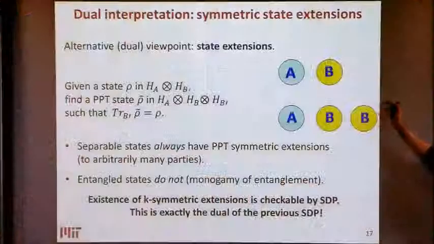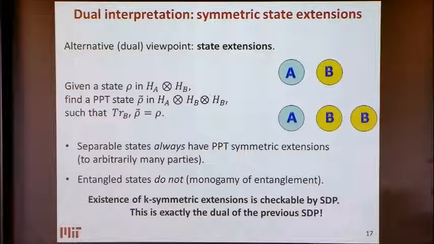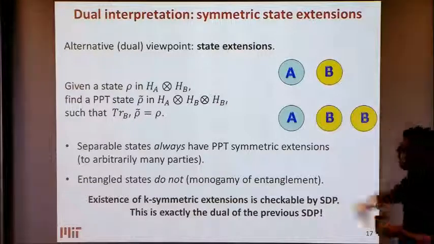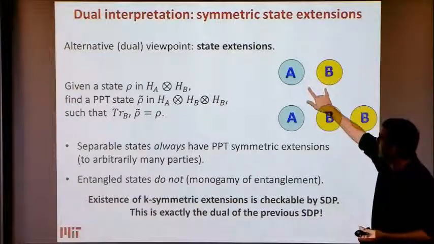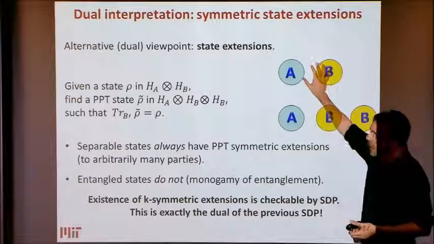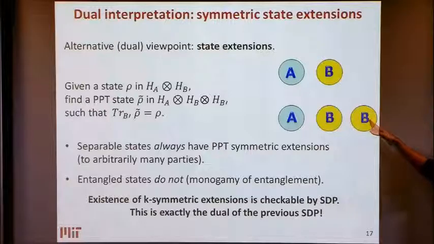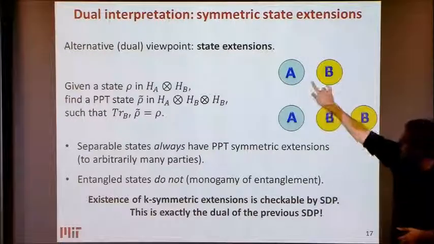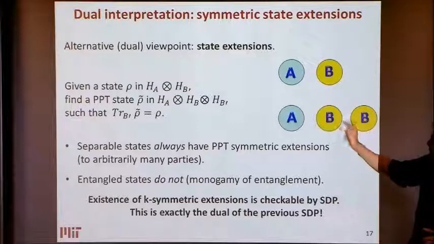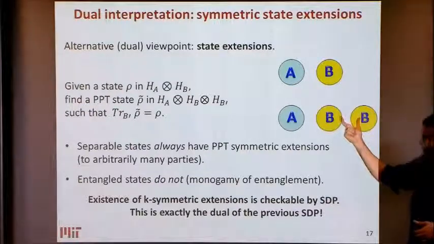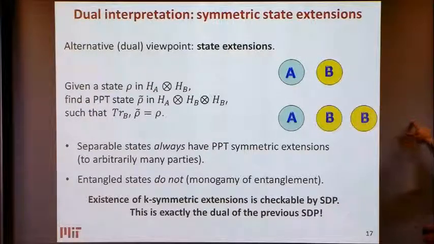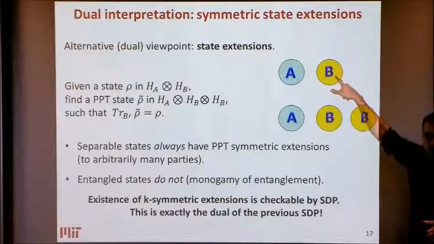So what's a dual viewpoint? Again, like I told you before, you have consistency of marginals in the classical case. What happens in the quantum case is a story about symmetric state extensions, right? So instead of thinking of my original bipartite state, I may think, okay, if my state is actually separable, then I can write down explicitly some kind of extension of my state to more parties, right? The property that this state will have is that it's going to be symmetric between these two parties, let's say 2 in here, or k in general, and also when I do a partial trace over all these other components, I get back the original state.